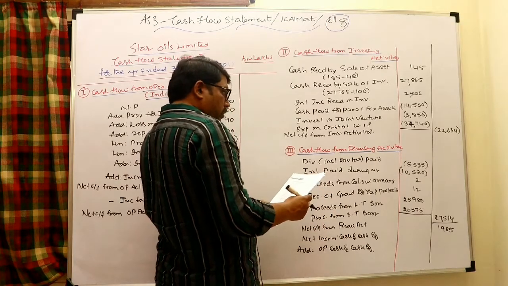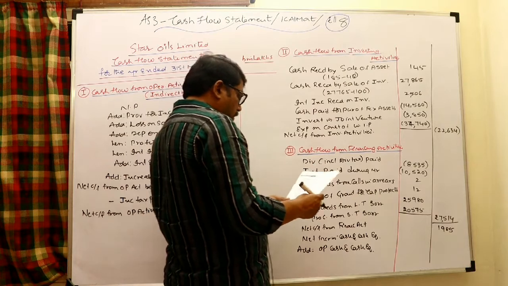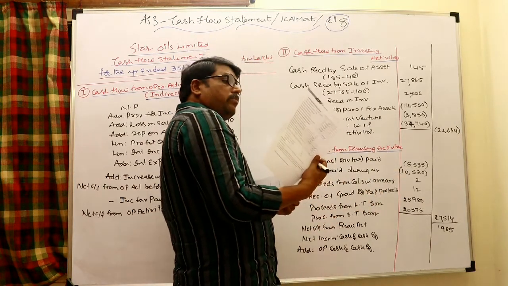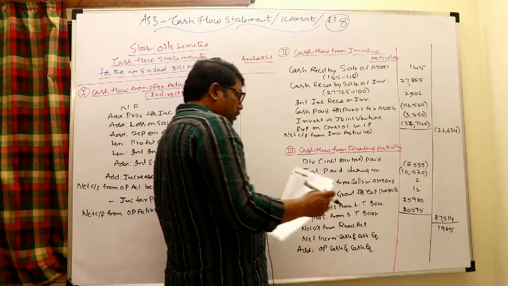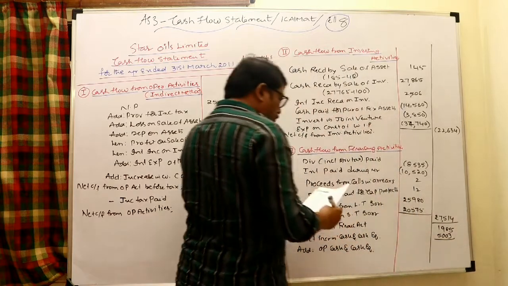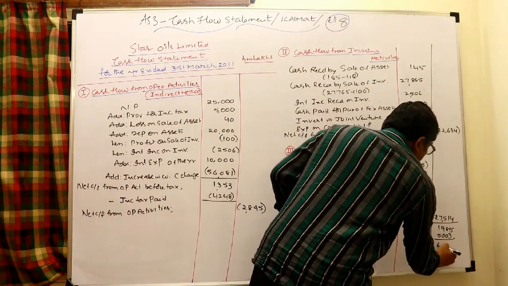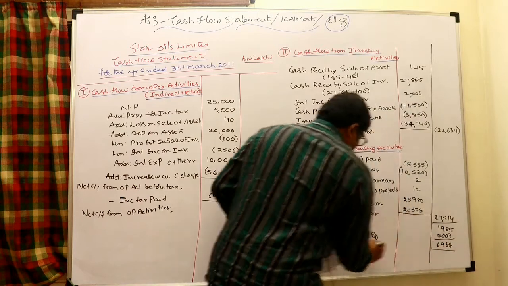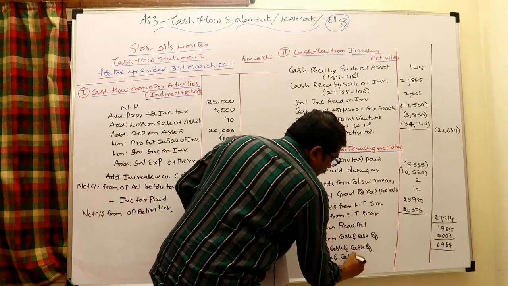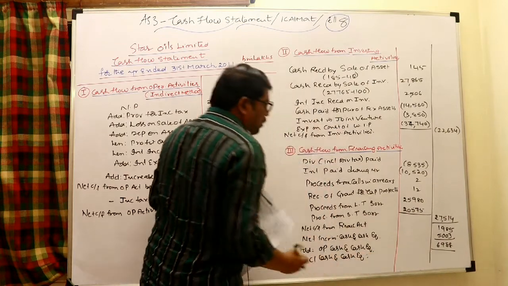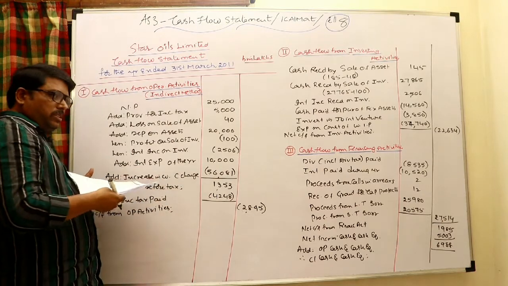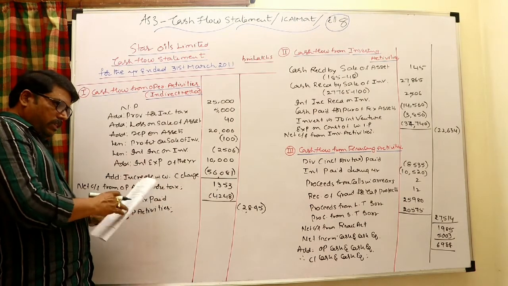Here if you check how much opening cash is given, opening cash 5,003 and therefore closing cash equivalents 6,988. Very simple to work out like this.